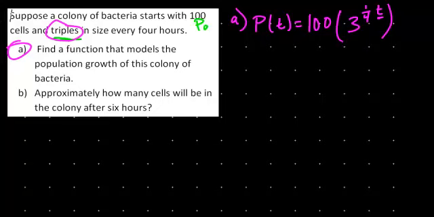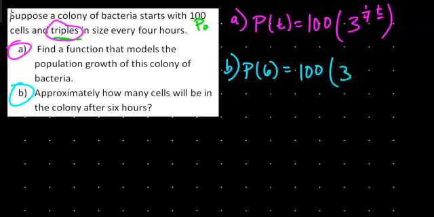Approximate how many cells we're going to have in 6 hours. So B is simply going to be P of 6. P of 6 equals 100 times 3 to the 1/4 times 6.